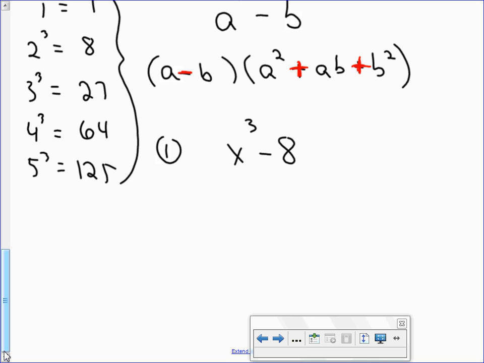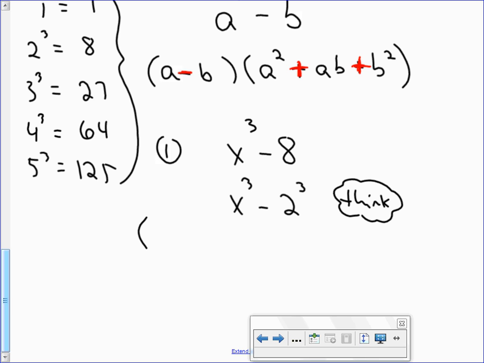So you either write this down or you think it. You don't have to always write that down. You could just think this step, but you should have it in your notes. Because the number that's important is not the 8. The number that's important is the 2. That's the number that we need, not the 8, but the 2. And now we're going to follow the factoring pattern up here.